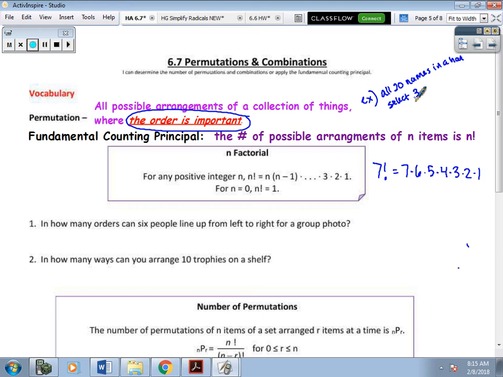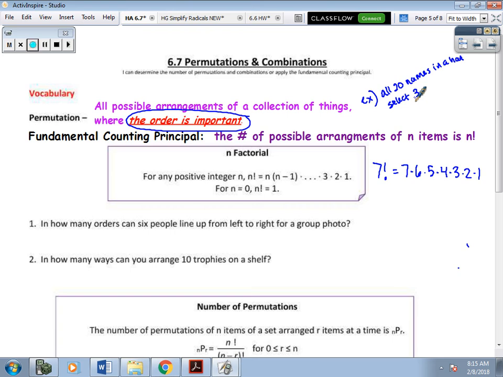Now, if it's a permutation, the first person is going to get something different than the second person. So let's say the first person I pick out of the hat, I'm going to give $5,000 to. The second person I pick out of the hat, I'm only going to give $1,000 to. And then the third person will get $100. Okay? So the order in which you're selected matters.